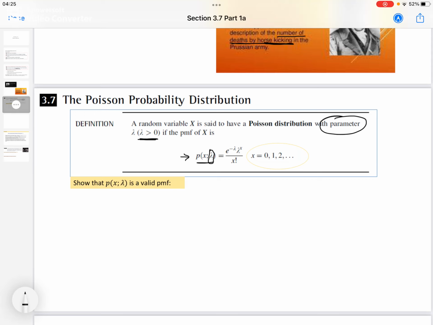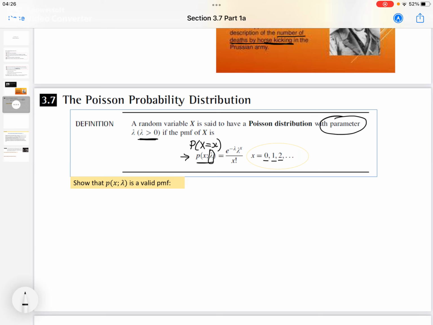So the PMF is defined by p_x with parameter lambda. This is the probability that x is equal to some particular possible value. And so the PMF is equal to e to the power minus lambda times lambda to the power x, all divided by x factorial, for x equal to 0, 1, 2, and so on.